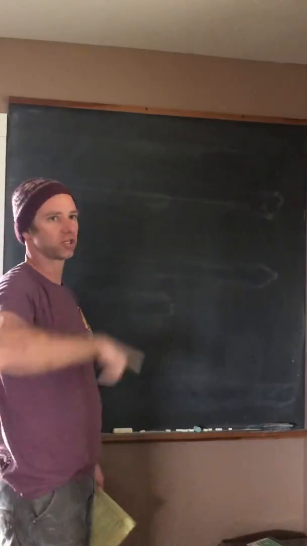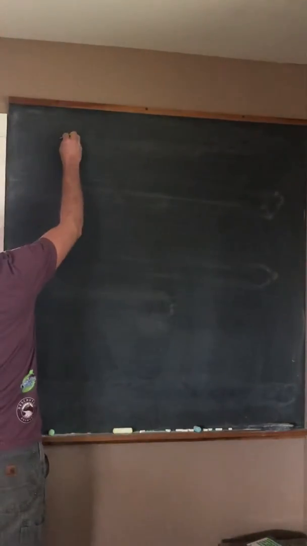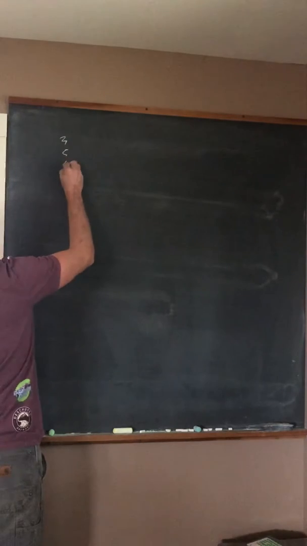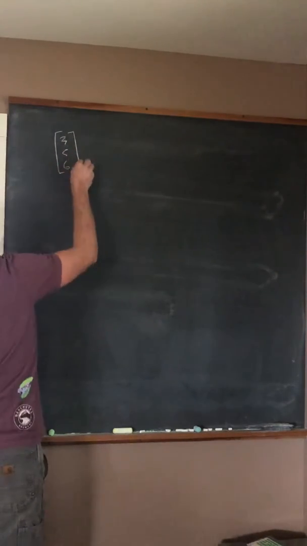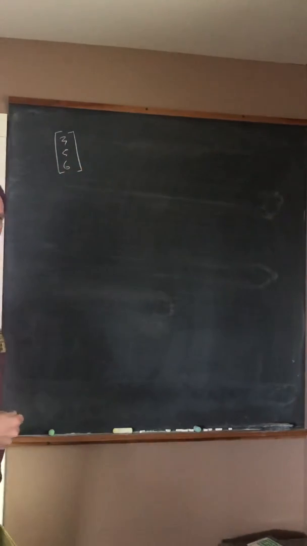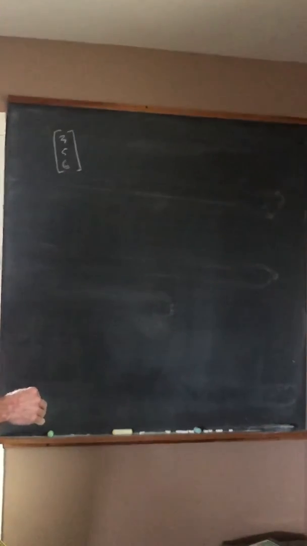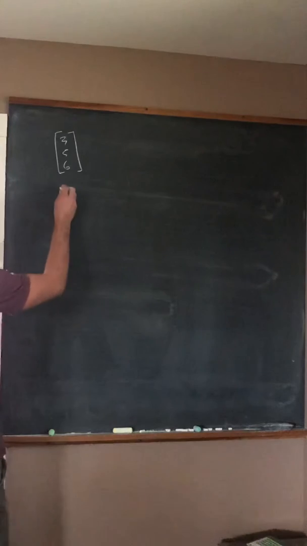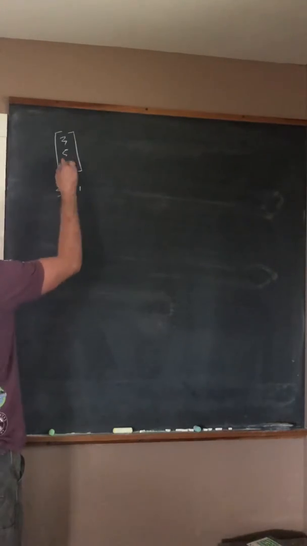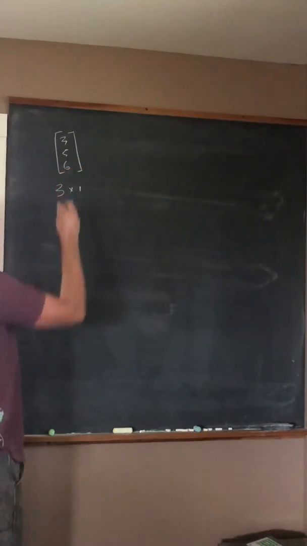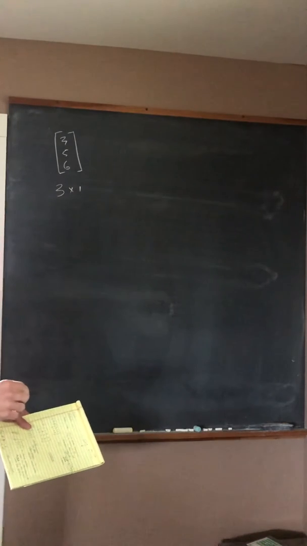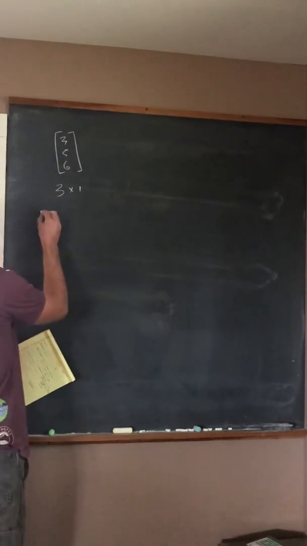A matrix that's just up and down, 3, 5, 6, that's a matrix. What are its dimensions? Okay, this is 3 by 1, 3 rows, 1 column. This is called a column vector.